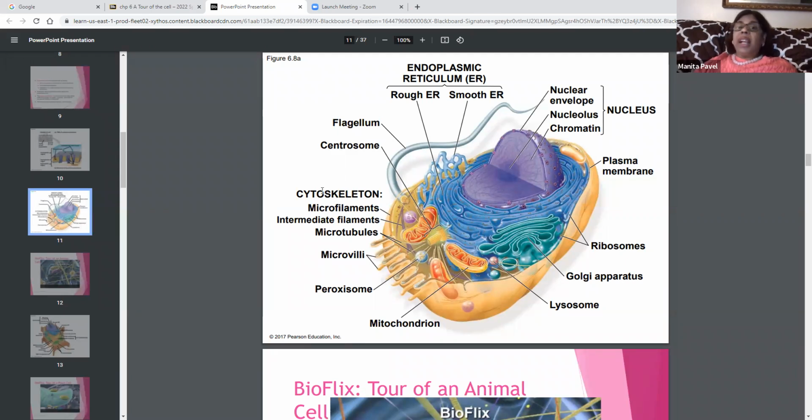Cyto comes from the word cell, skeleton is framework. What does our cytoskeleton consist of? Our cytoskeleton consists of three structures: microfilaments, intermediate filaments, and microtubules. Now we can see here these microtubules. The way I distinguish it is micro is small, tubule is cylindrical.